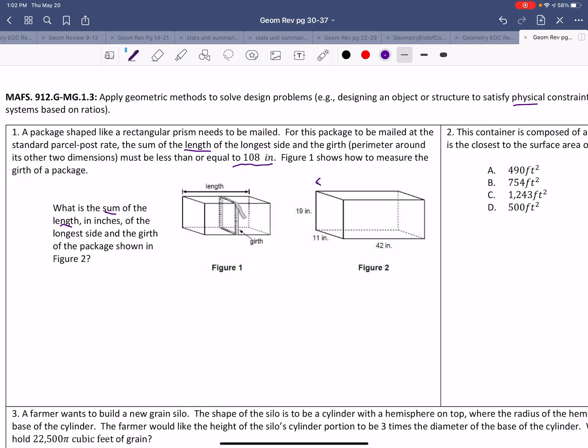Okay, so we know this length matches this length because that's a rectangle, right? So we have our length plus our girth. So we found our length already is 42. Now our girth is this plus this plus this plus this. So we see these numbers here. This would be 19, this would be 11, this would be 19, this would be 11. So our girth, and they want us to add that together.